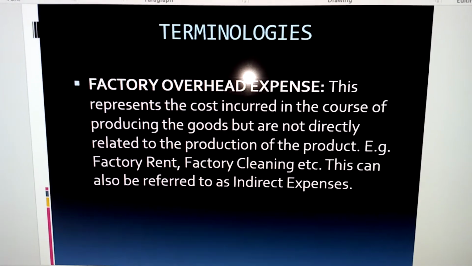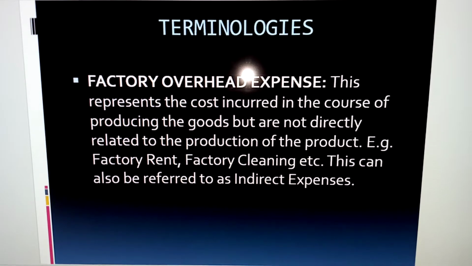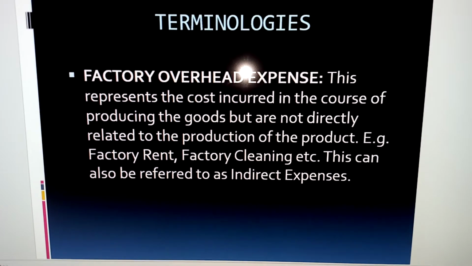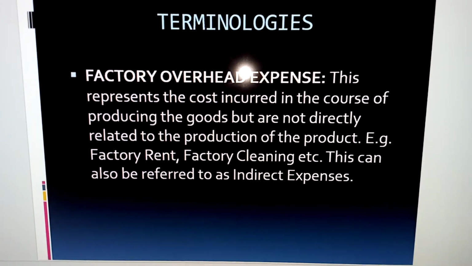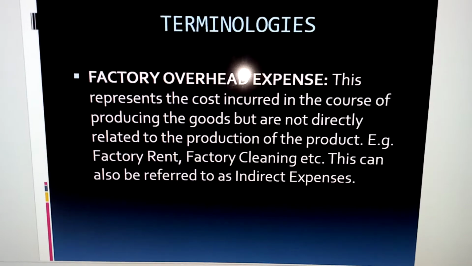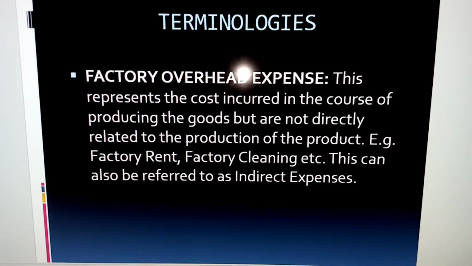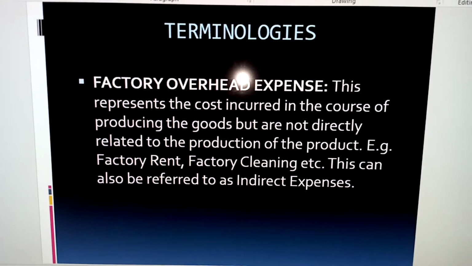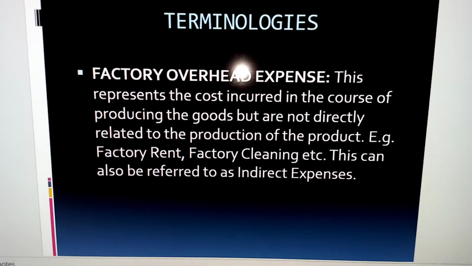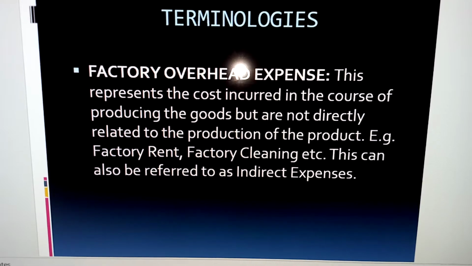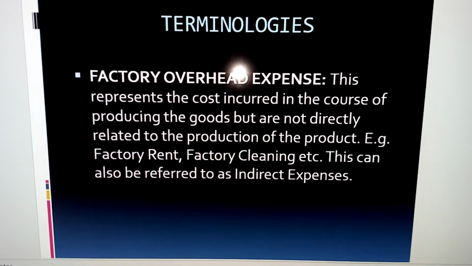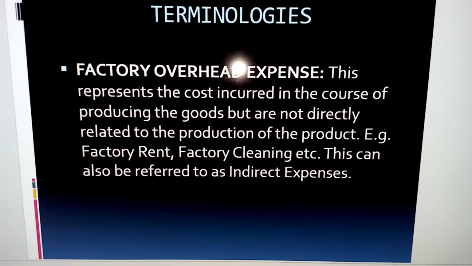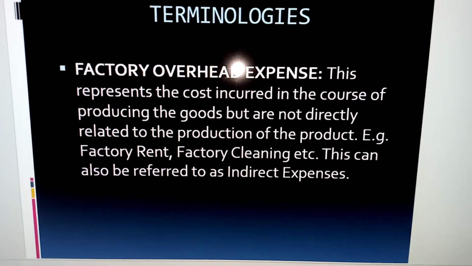For instance, you spend money on paying rent for the factory, you spend money on cleaning the factory, you spend money on securing the factory, you spend money on repairing factory equipment. All those expenses are incurred on running the factory used for production, so we call them factory overhead expense. But they are not directly involved in production. Rather, they are indirectly involved, so we refer to them as indirect expenses.